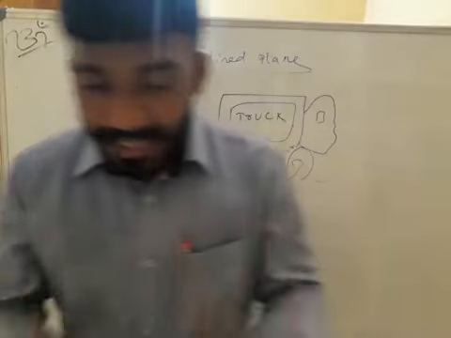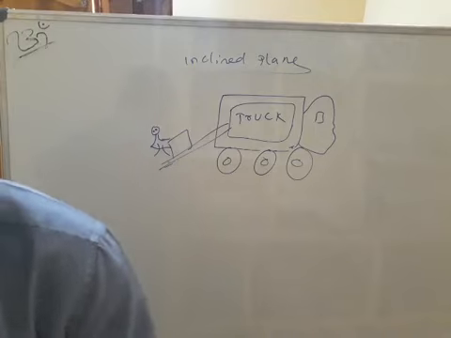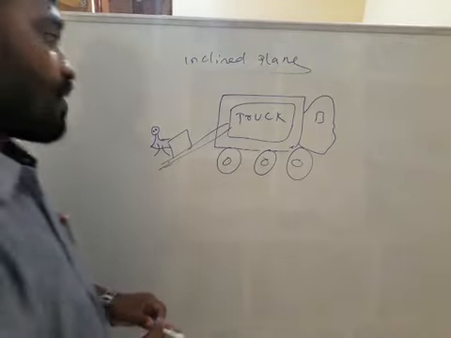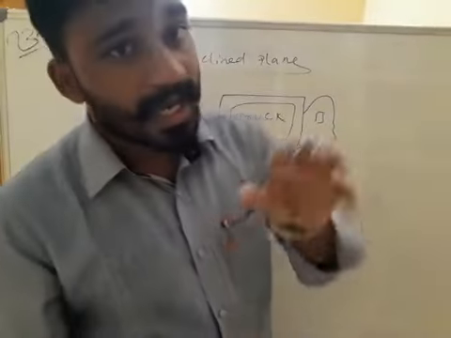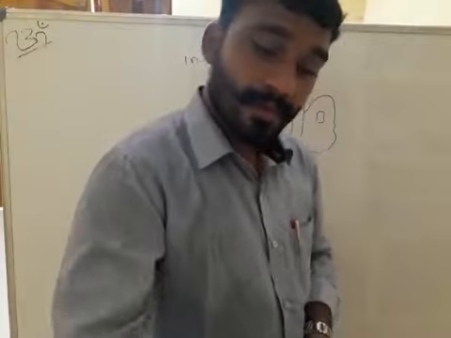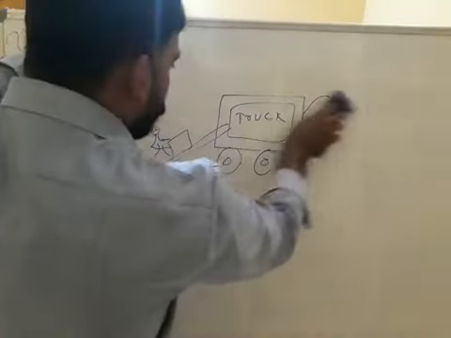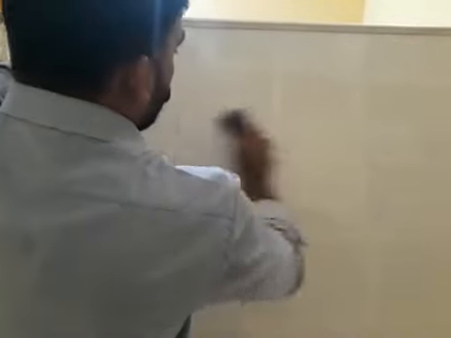Clear? After the inclined plane, the next simple machine is the wedge. So the inclined plane, where are we using it? To make our work easy. Understood? Next is what?